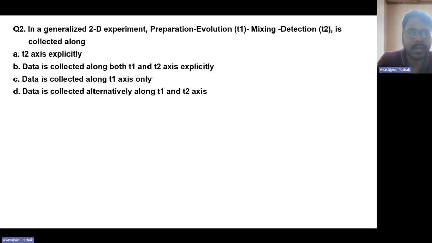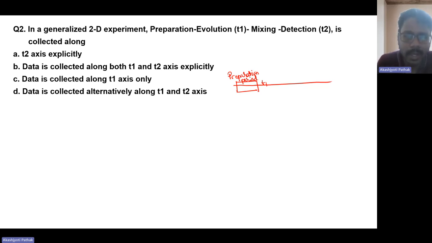We had seen what a generalized 2D experiment looks like. There is a preparation time where you give different pulse sequences, followed by an evolution time. During the preparation period, the transverse xy magnetization is created.